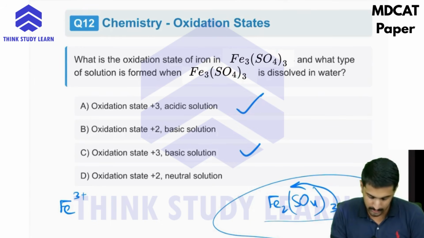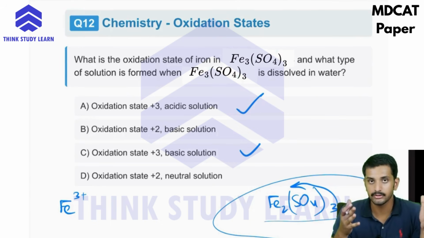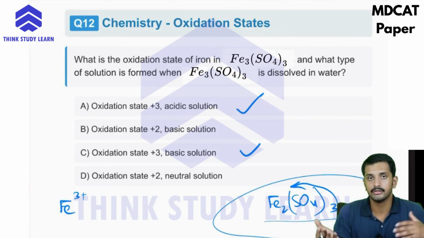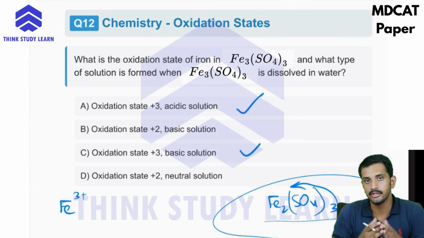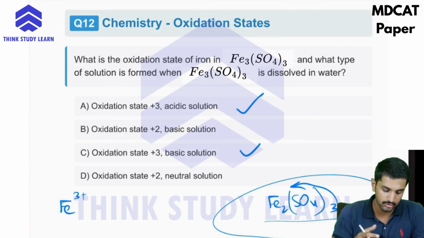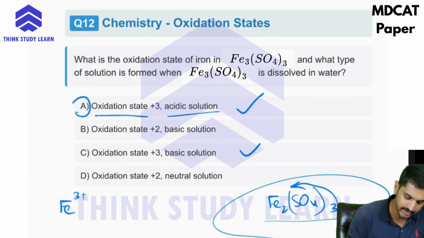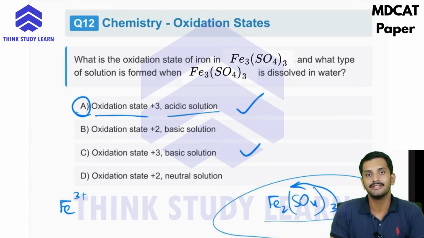So when Fe3+ dissolves in water, it releases H+, which basically means that it makes the solution acidic. So it has to be A, oxidation state plus 3, and acidic solution. So A is the correct option. Moving on to the next question.